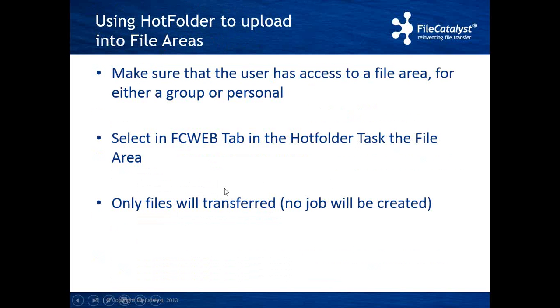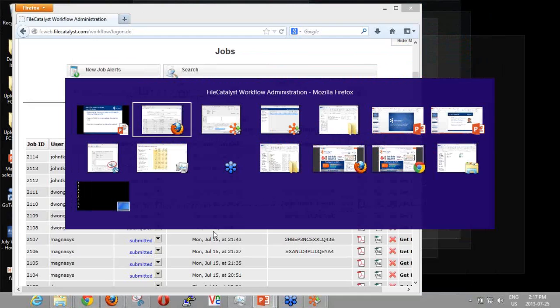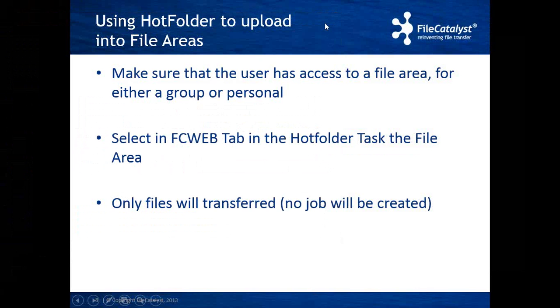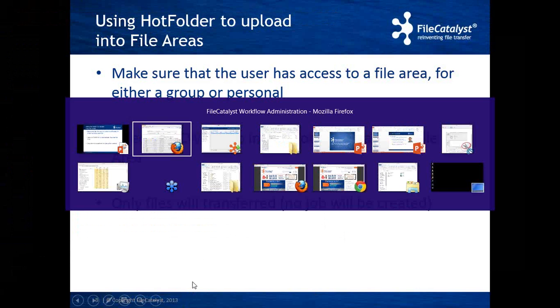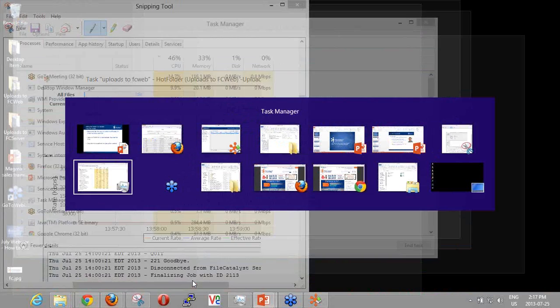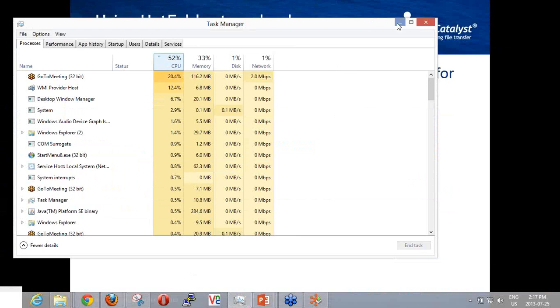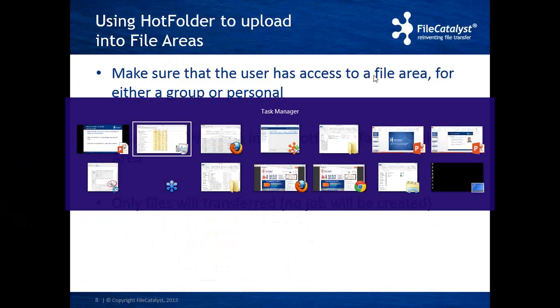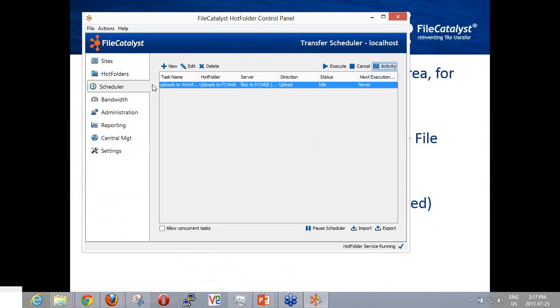And now the second option, what you can do is you can also upload into file areas using FileCatalyst HotFolder. And here's how you would do that. Let me just get into here. So now I'm going to edit my task.